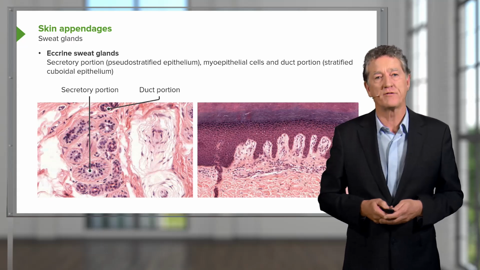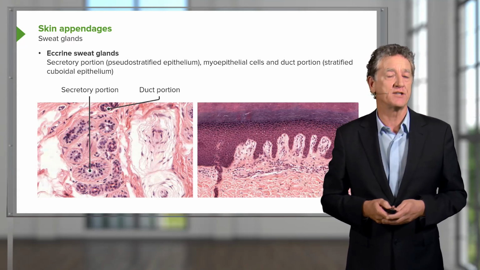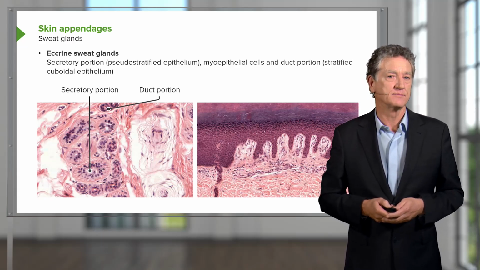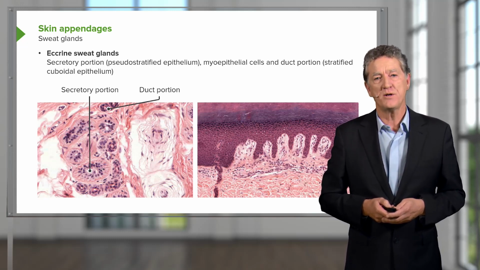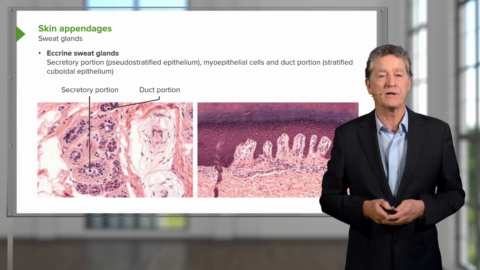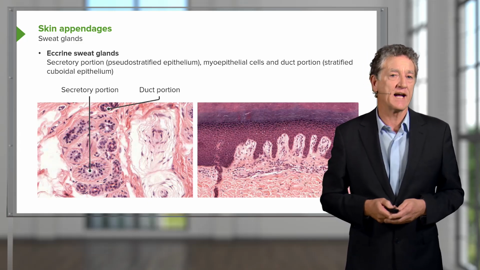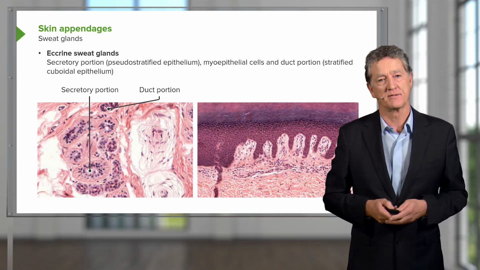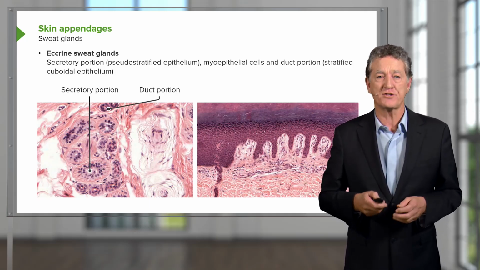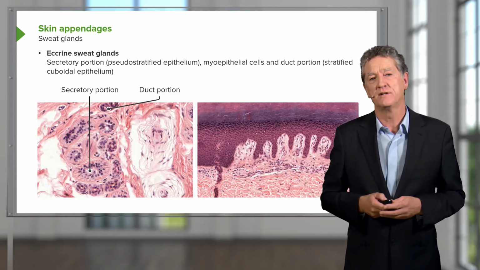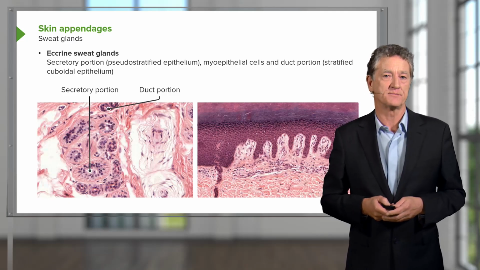So one important function of sweat is thermoregulation. Other components of sweat are components of the body that we want to get rid of, such as uric acid, urea, ammonia. And therefore, sweat glands are also not just a thermoregulatory organ, but an excretory organ.